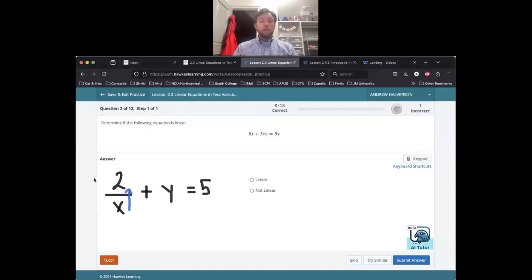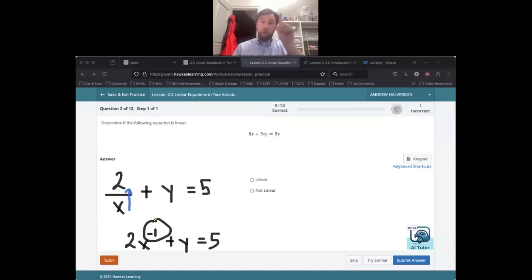A reminder: when you shift it up, you change the sign of the exponent. So we get 2x to the negative 1 plus y. The negative 1 kills it. It cannot be linear, because remember, we need the exponents to be positive 1.